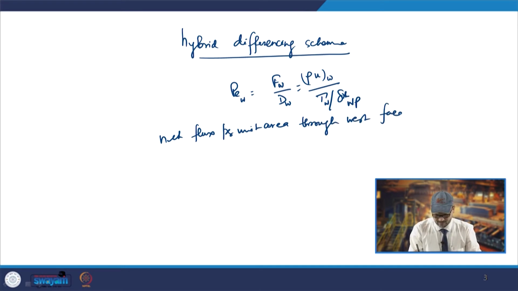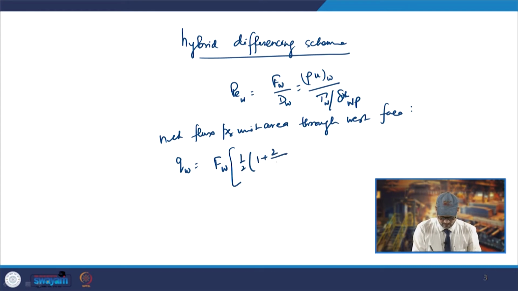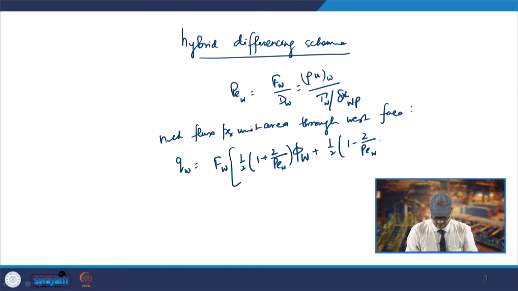That will be computed using a formula: q w equals Fw multiplied by half of 1 plus 2 by the Peclet number at the west, multiplied with phi w, plus half of 1 minus 2 by the Peclet number at the west, multiplied with phi p.